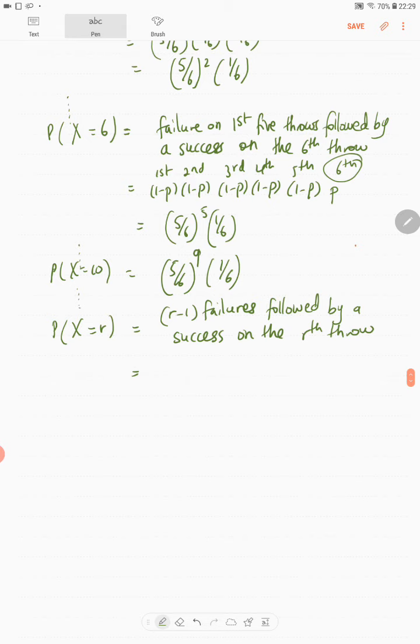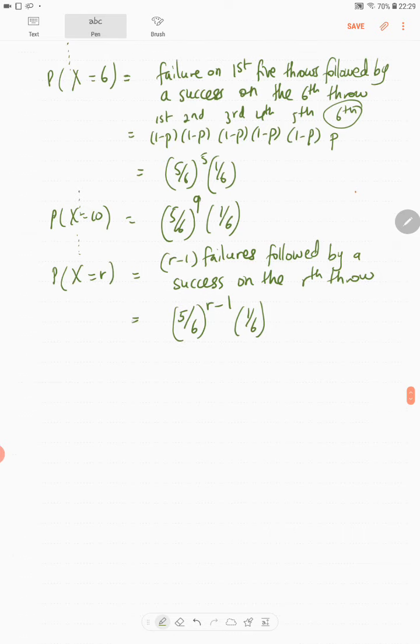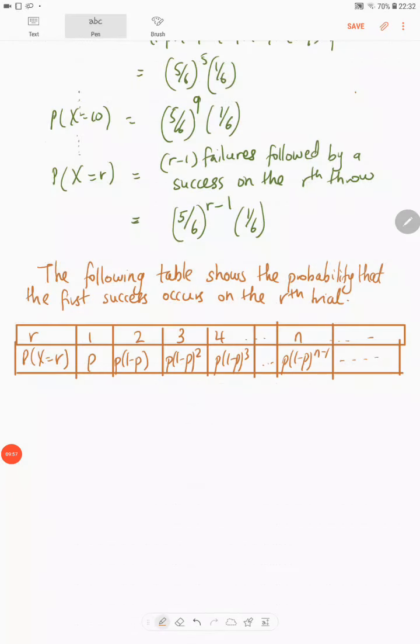So here for the r minus 1 trials, we will not obtain a 6. So the probability will be 5 over 6 power r minus 1. And then on the r-th row, we will obtain a 6. That is, the probability is 1 over 6. So this is the probability x is equal to r.